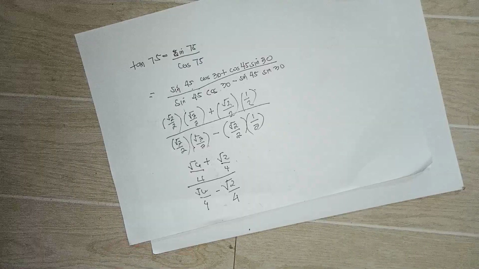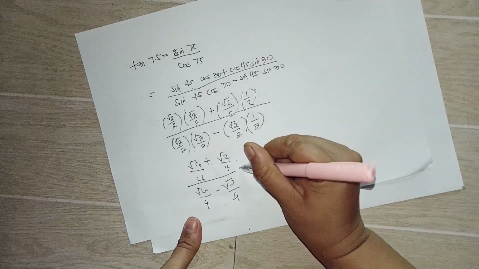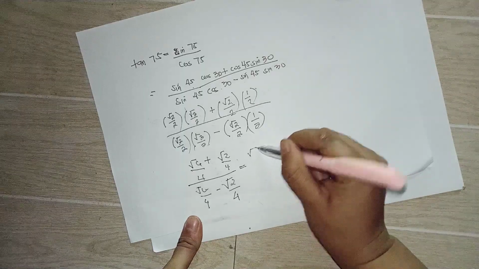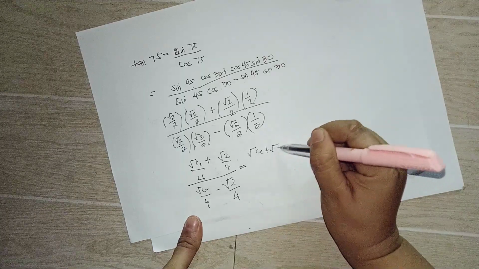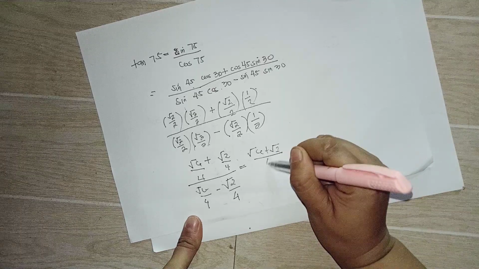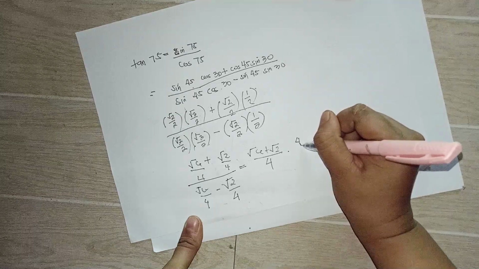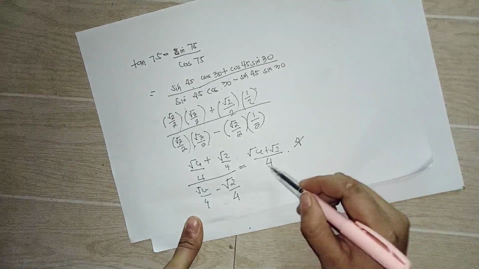So, that will be square root of 6 plus square root of 2 over 4, divided by square root of 6 minus square root of 2 over 4. Cancel out the 4.